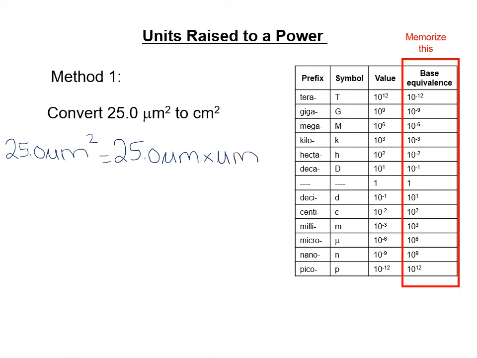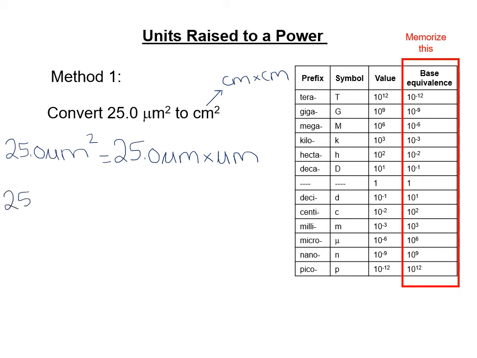That's what the micrometers squared means. So I'm going to have to do the conversion twice because I'm trying to go from micrometers times micrometers to centimeters times centimeters. So for each of those micrometers, I have to do the conversion once.